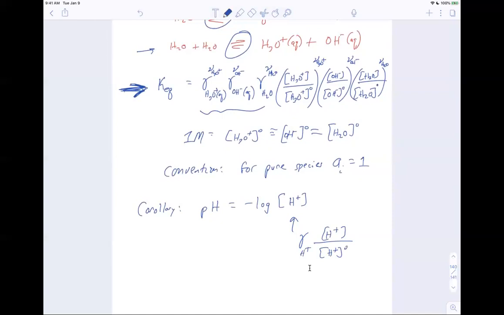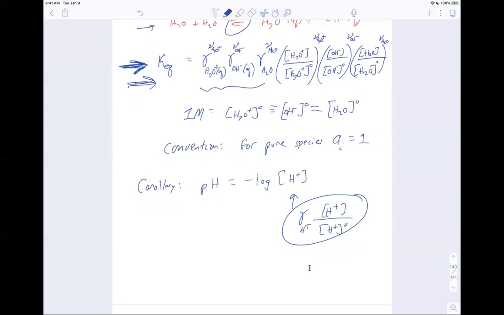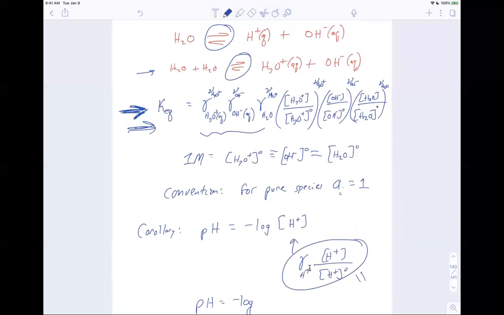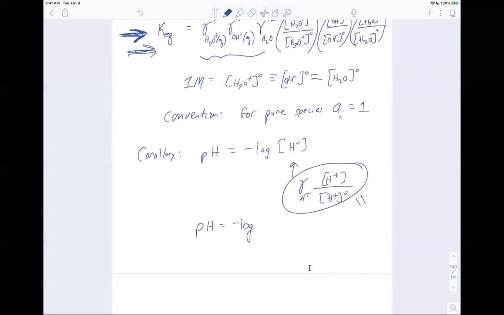That's what we learned in the above discussion. So this is really the relevant combination of things to consider. This combination of gamma times the ratio of concentrations for H plus is just its, so this is really the what of hydrogen H plus? What is that thing called? Activity? Exactly.